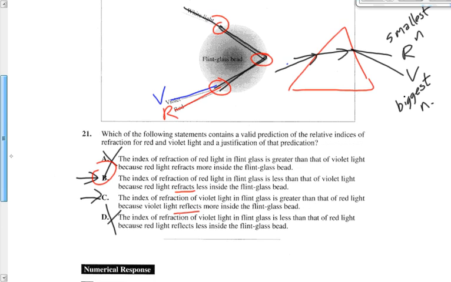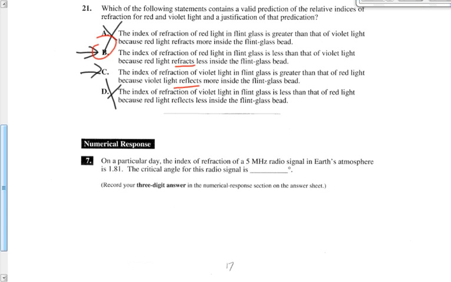Question 7. On a particular day, the index of refraction of a 5 megahertz radio station is 1.81. What's the critical angle? Here's my frequency. Here's my index of refraction. We're going to say that the speed of light is 3 times 10 to the 8 meters per second in a vacuum.